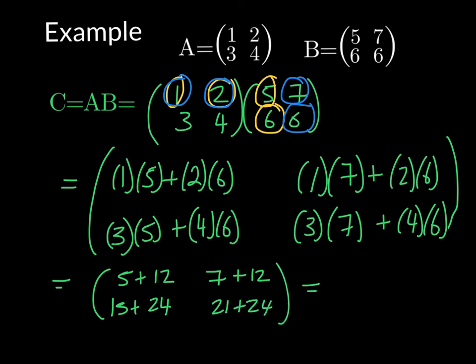So together, what do we get? Well, we get 17, 19, 39 and 45. So that's our final answer. That's matrix C. So as I said, it is quite complicated, but practice makes perfect.